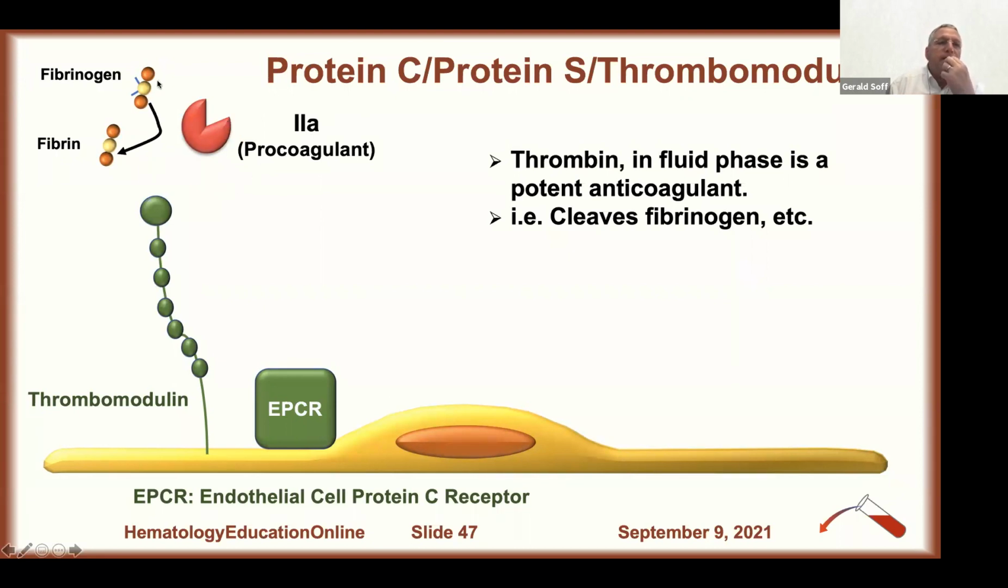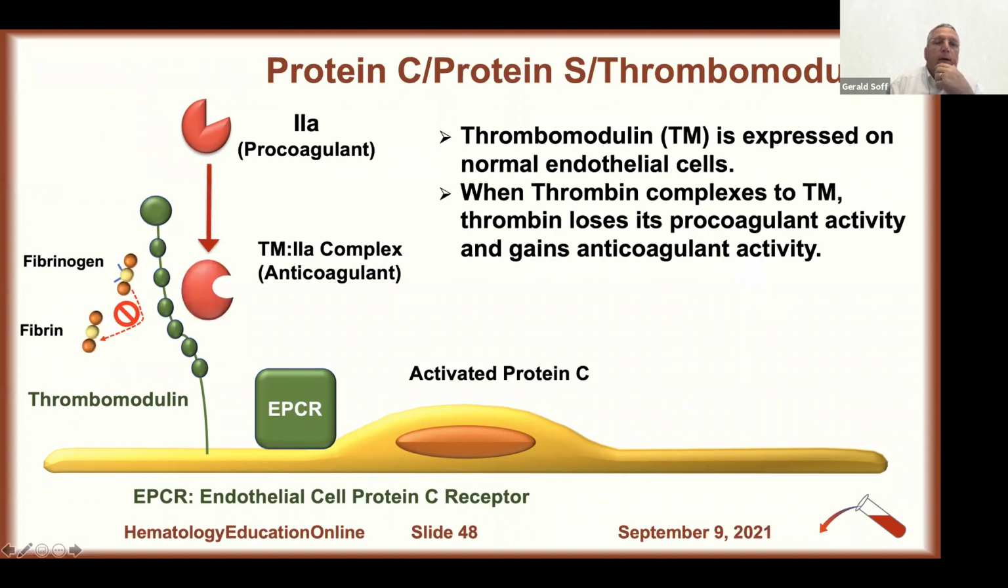So again, when thrombin is in circulation, it has the ability to convert fibrinogen to fibrin and other procoagulant activities. So this is its baseline activated activity. However, in the presence of intact endothelial cells, there's a protein called thrombomodulin, shown here, anchored to the endothelial cell.